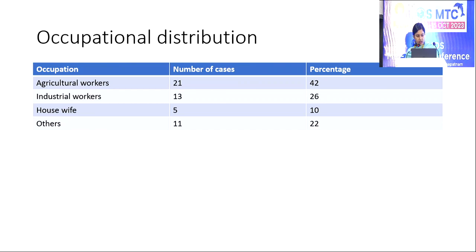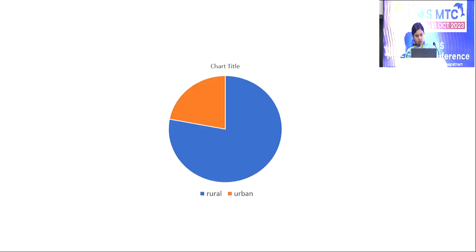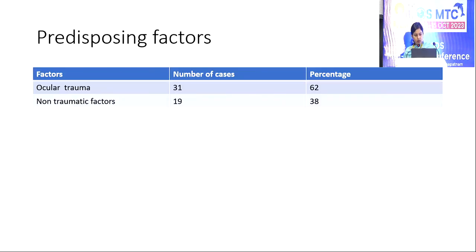Occupational distribution: 42% are agricultural workers, 26% are industrial workers, followed by others. Geographical distribution: rural people constitute a major chunk, 78%, followed by urban, which is 22%.